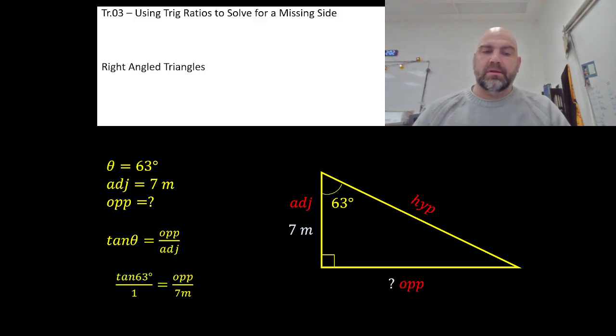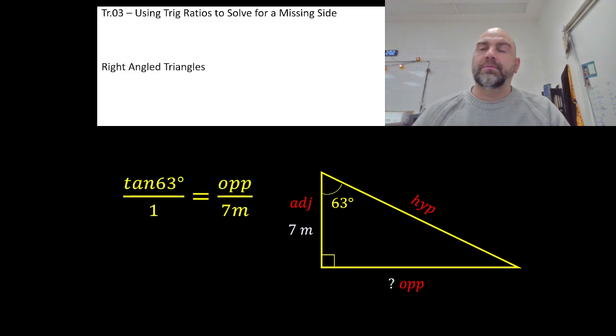I'm going to put a 1 underneath the tan 63 to create equivalent ratios, and that's going to help me solve for this. I'm going to use a method called cross multiply and divide. Let's call it the fish method as well. Start on the side where we don't know the piece.